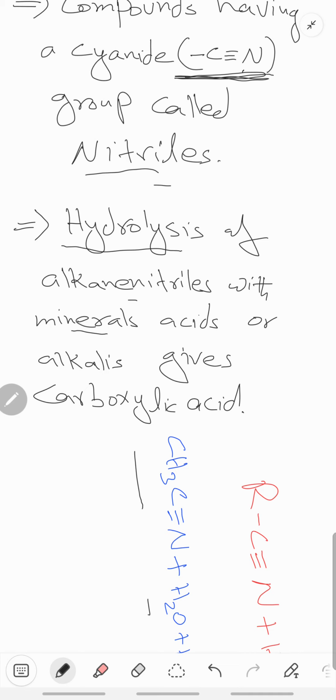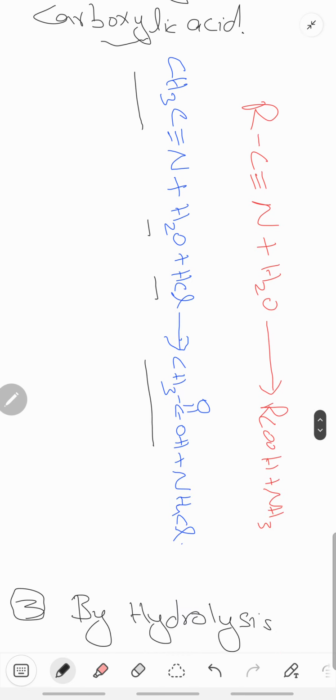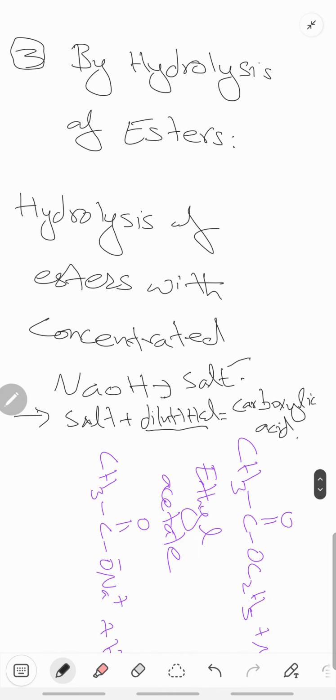By the hydrolysis of alkane nitriles with mineral acids or with alkalis, which gives us the carboxylic acid, and this is a reaction for it. Here we have an alkane cyanide, and in the presence of HCl it gives us the carboxylic acid.